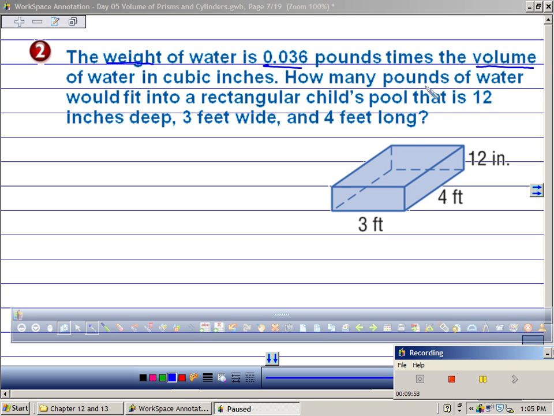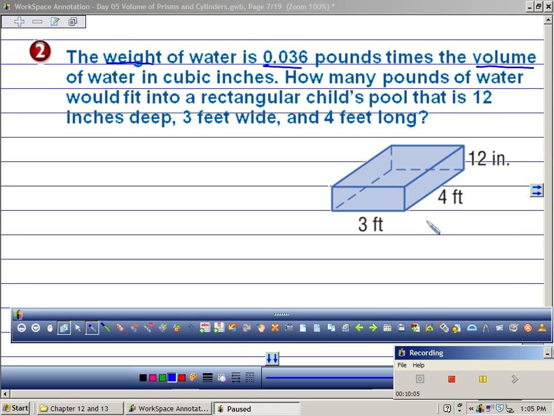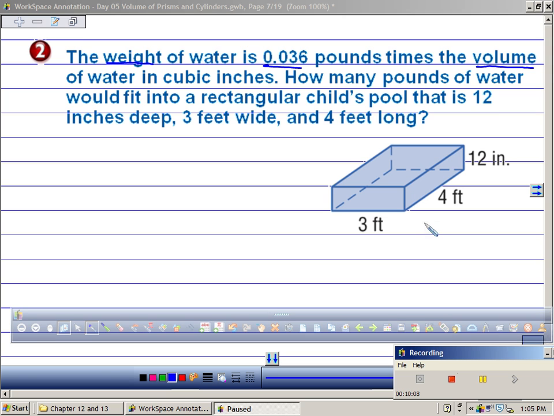So, how many pounds of water would fit in the rectangular pool? Okay, we have one problem here, though. What's my problem? Feet and inches. Which one are we going to convert? Everything to inches. Why everything to inches?